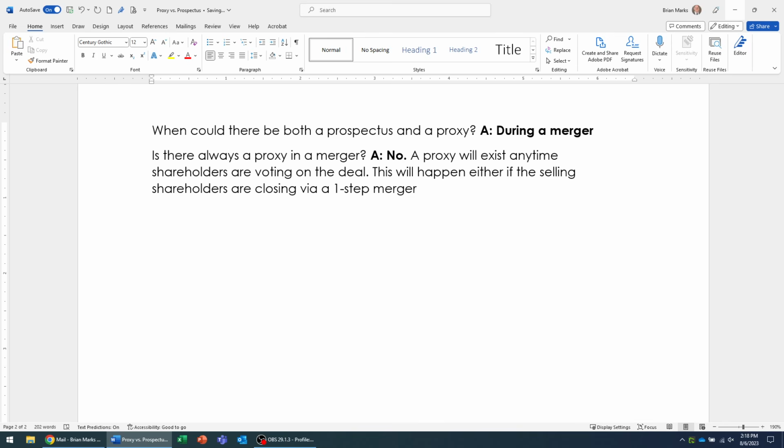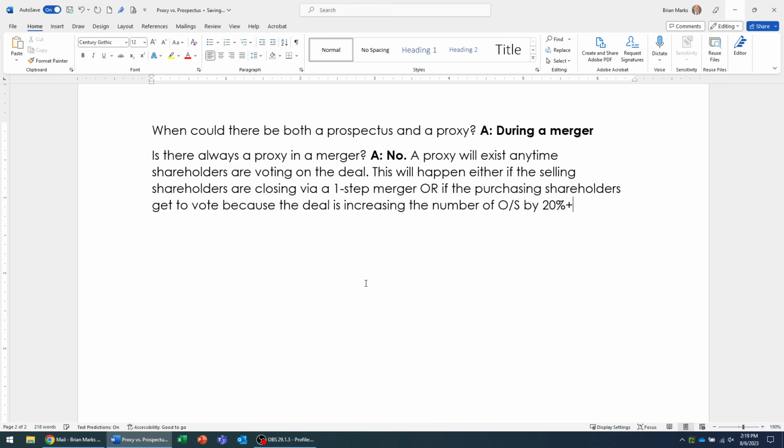In a two-step merger, selling shareholders don't actually vote, they just decide if they want to sell their shares or not, so there's no actual vote. Or if the purchasing shareholders get to vote because the deal is increasing the number of outstanding shares by 20% or more.